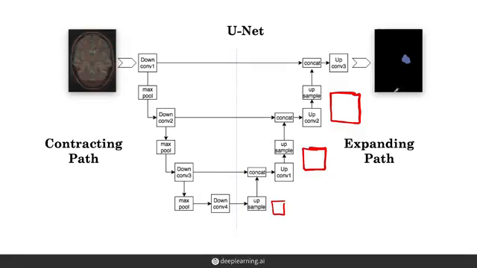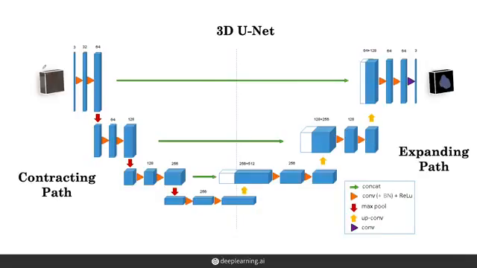Finally, at the last step, the architecture outputs the probability of tumor for every pixel in the image. The U-Net architecture can be trained on input-output pairs of 2D slices in the 2D approach. We've covered the U-Net for the 2D approach.